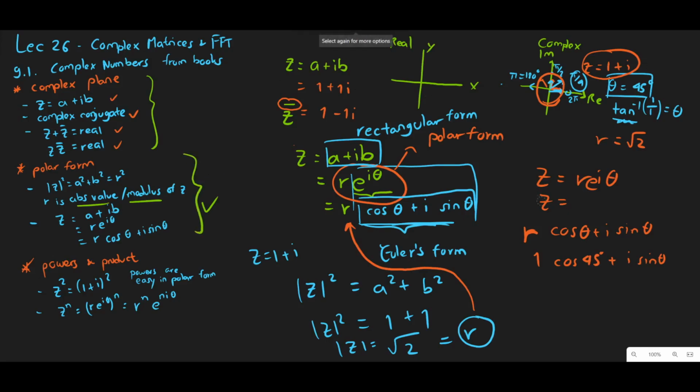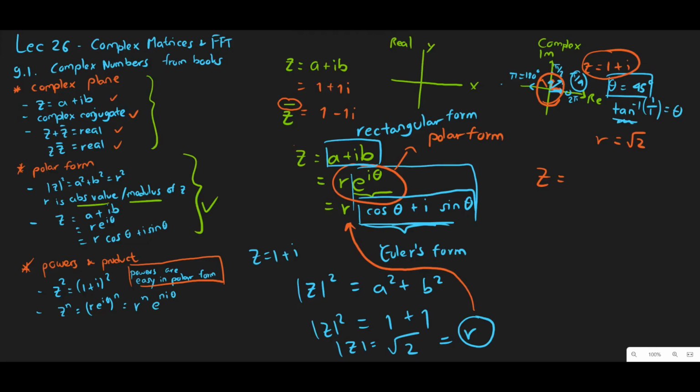We finished this one. And then there's the idea of the powers and the products of z. It is mentioned that computing the powers is really easy in the polar form. So let's go back to our example here.